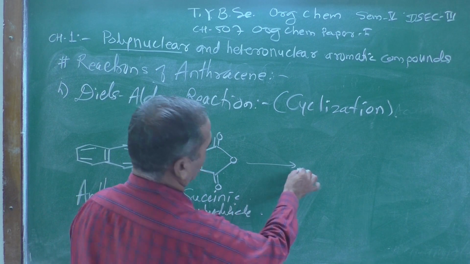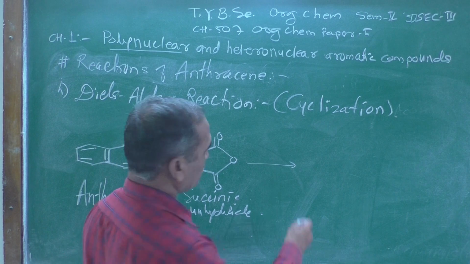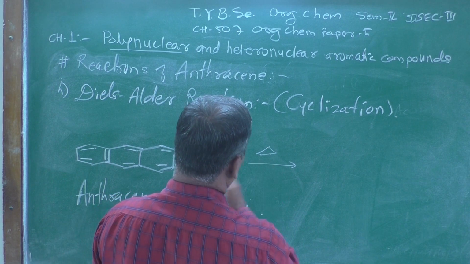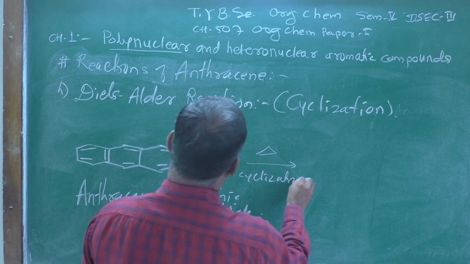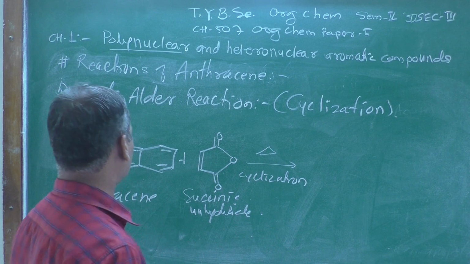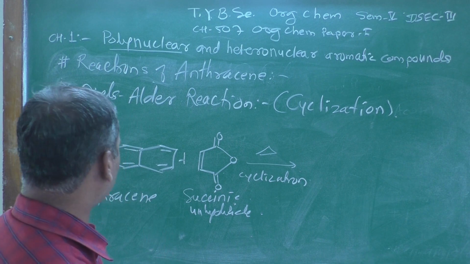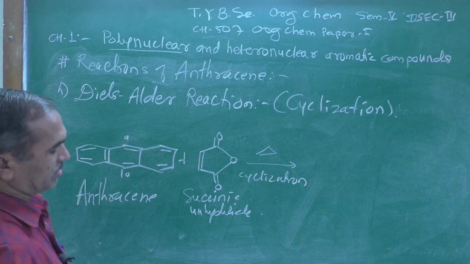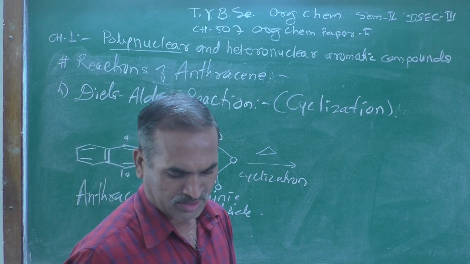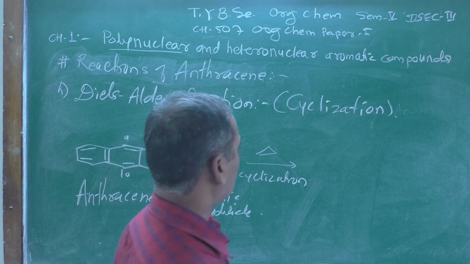This is a thermally allowed reaction, that is, a cyclization reaction, and it occurs at the 9 and 10 positions. The product formed will be this one.